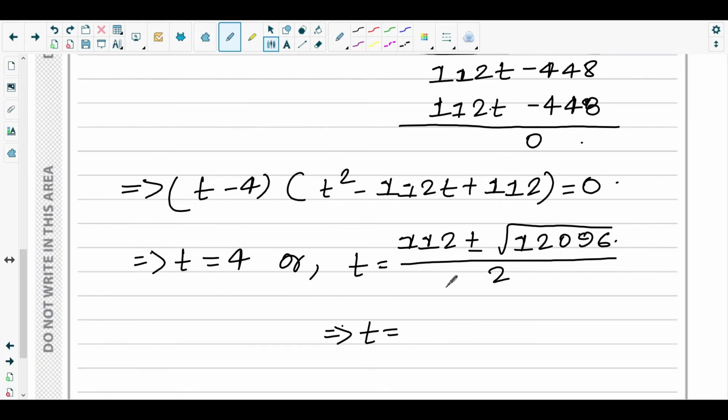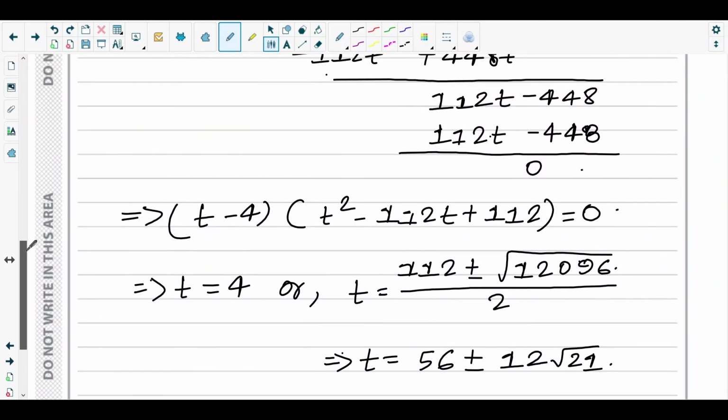So 112 over 2 is basically 56, plus or minus 24 square root of 21 over 2, which is 12 square root of 21.